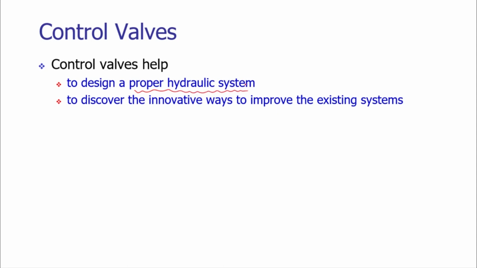The meaning of a proper hydraulic system is that all the elements are working to generate the output in the desired manner only. The control valves are not only helping to design a proper hydraulic system, they are helping to discover innovative ways to improve the existing system.